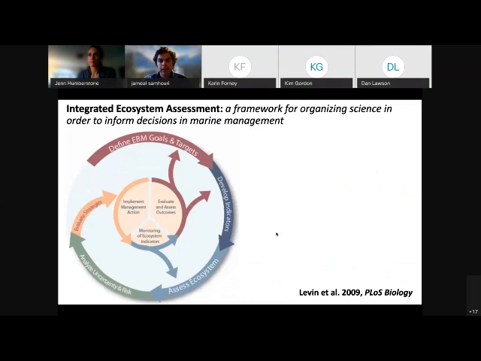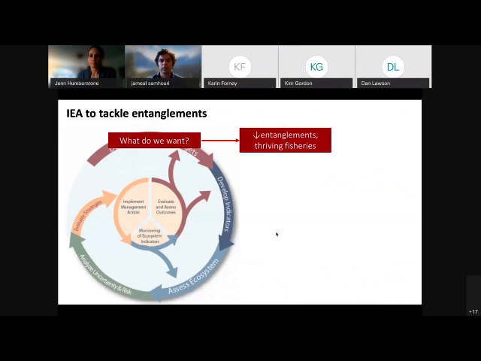And so moving back to ocean management, one way that I use to think about organizing all of the scientific information that's available to inform decisions is via an integrated ecosystem assessment. Just to walk you through this process, it starts by asking, what do you want? And I heard this really clearly on each of the days of this workshop over the last couple of weeks.